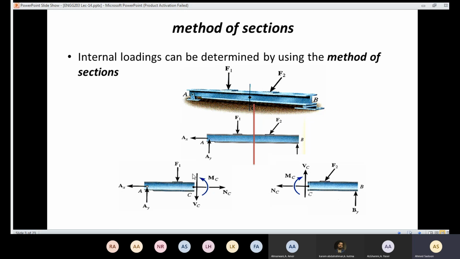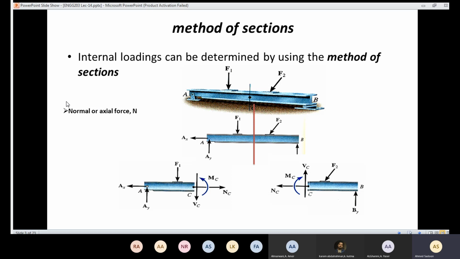If the internal forces are more than the ability of the material, then failure will take place. So that is why it's important to know the internal forces, because we need to use a material that can resist those internal forces.